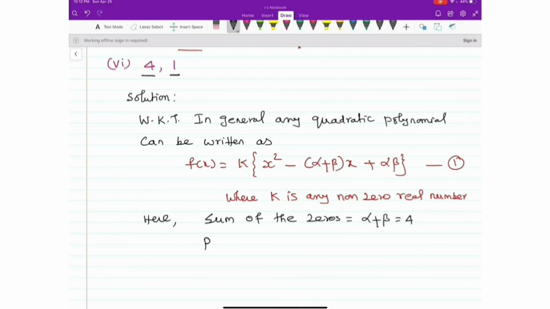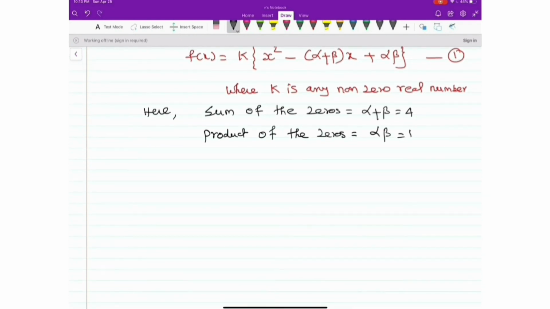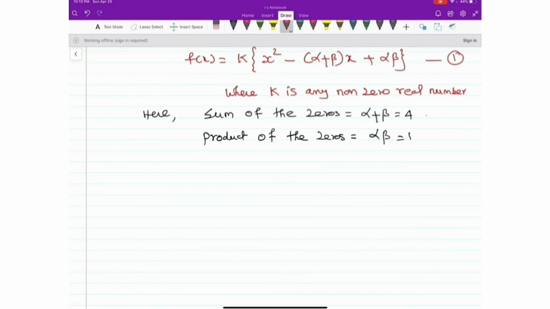Then product of the zeros is equal to alpha beta is equal to 1. See, sum is given to you as 4 and the product is given to you as 1. Okay. Let me name the sum of the zeros as 2 and the product of the zeros as 3.